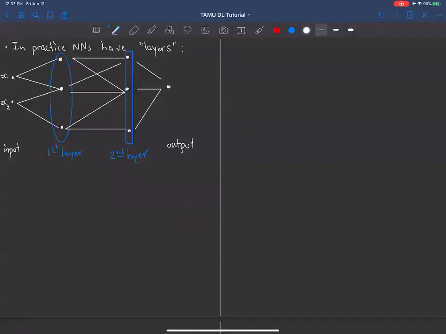We'll return to what the point of these layers is, but let me just tell you some nomenclature. The width of a layer, so I'll draw this in red, this has width 3. That's the dimension, or the number of neurons in the layer. So if you hear people say, oh, my network has width 100, or I have a wide neural network, what they mean is the dimension of the intermediate representation that you get.